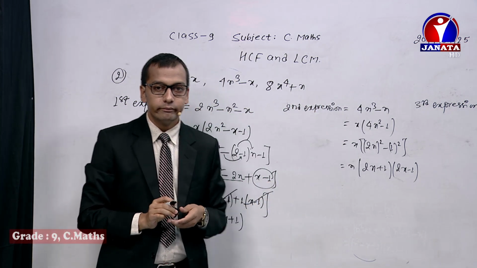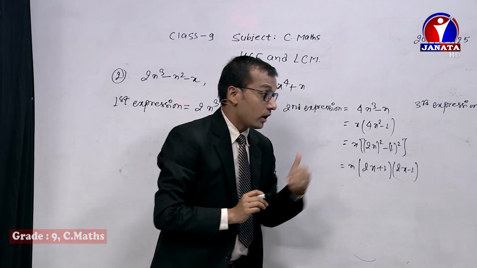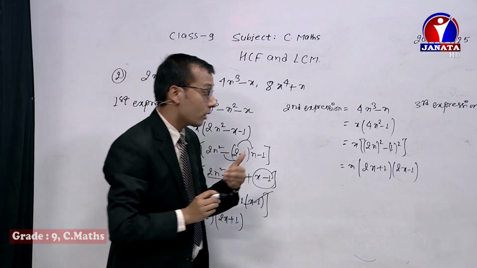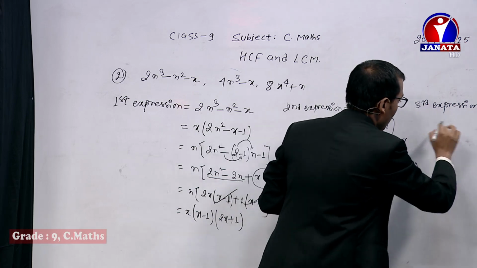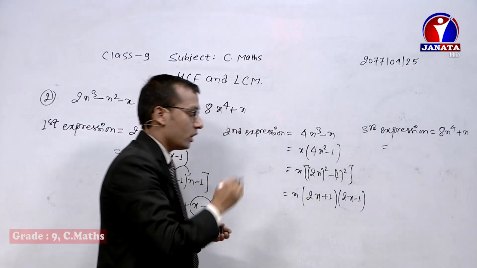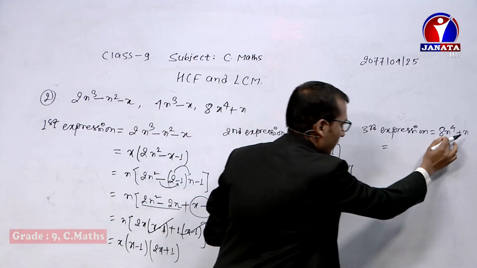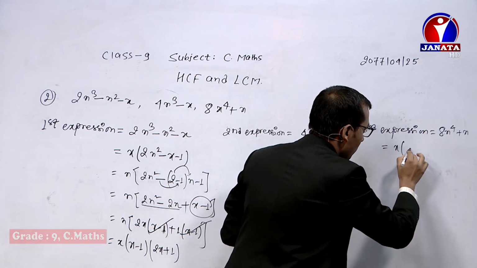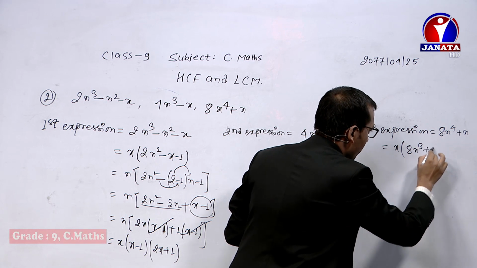What is the first step? In the first step of factorization we take common if there is any common factor. So what is common from 8x power 4 plus x? We can take x common. So 8x cube plus 1.